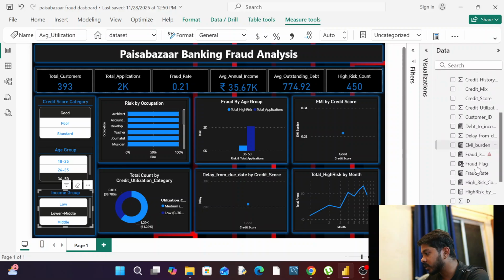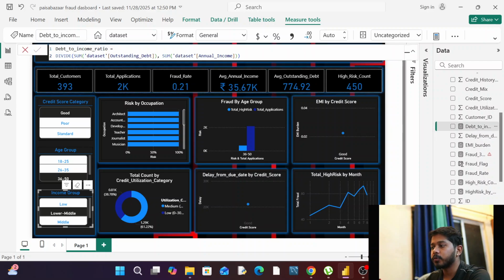The next measure that we made was debt to income ratio. In this we divided the sum of total outstanding debt by the sum of total annual income, and we got the debt to income ratio.